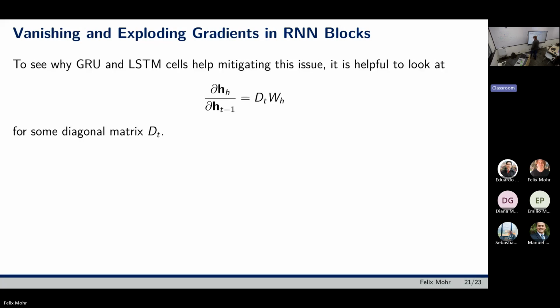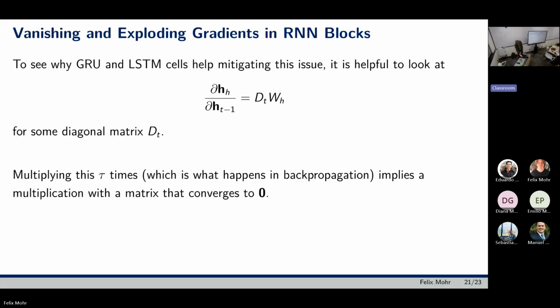So this is again the explanation of why this problem occurs in the standard recurrent unit. No matter what, this is something diagonal. It can have any values, but no matter what it is, it will be multiplied with something that is close to 0, and then this whole gradient converges to 0.